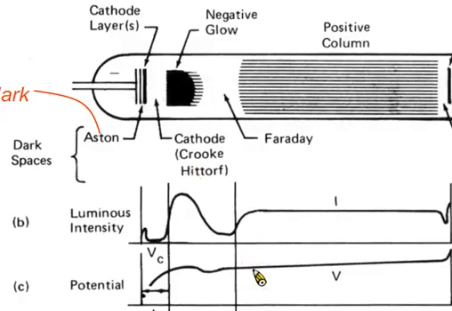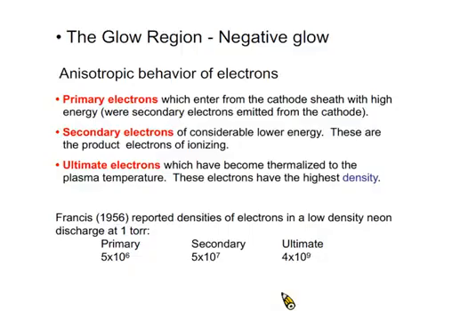So the first part of the electrons in the negative glow region is primary electrons, coming out from the cathode and accelerated by the cathode sheath. When the electrons travel across the cathode sheath and come to the edge of the negative glow, these electrons have very high energy, and these are called primary electrons.